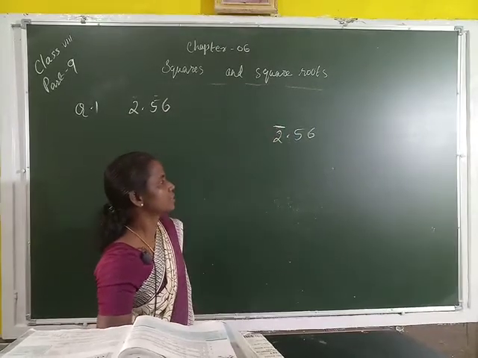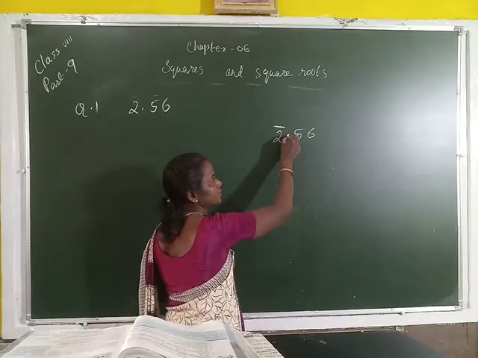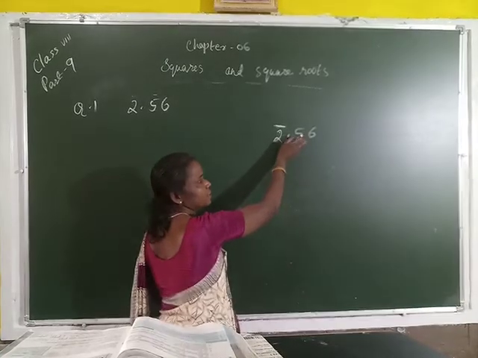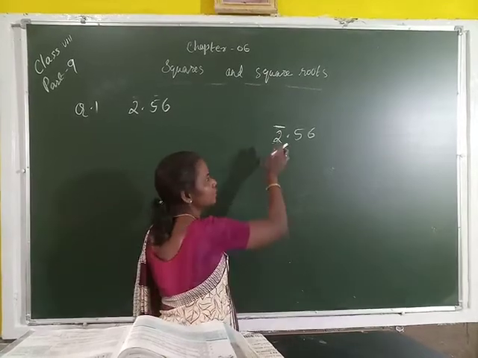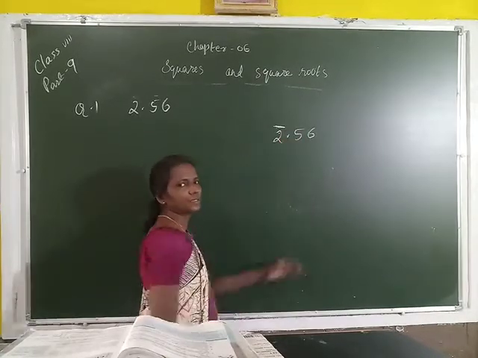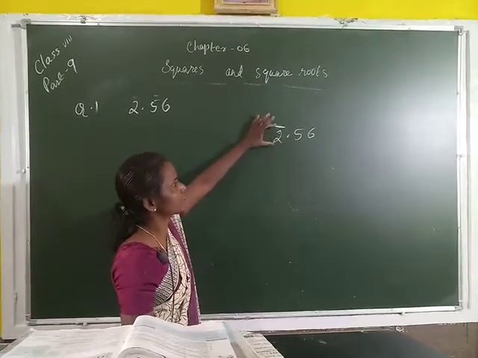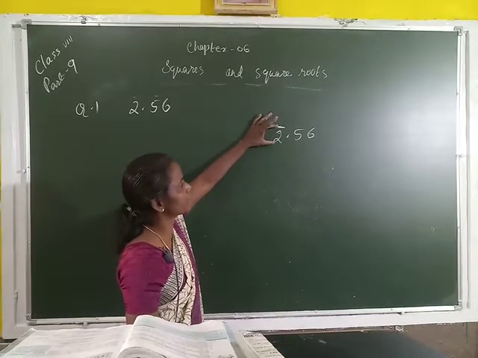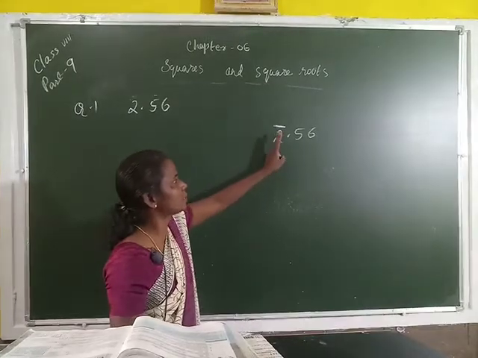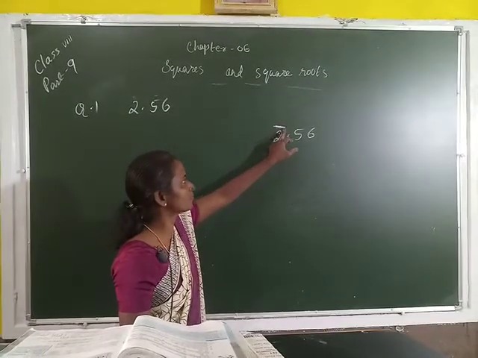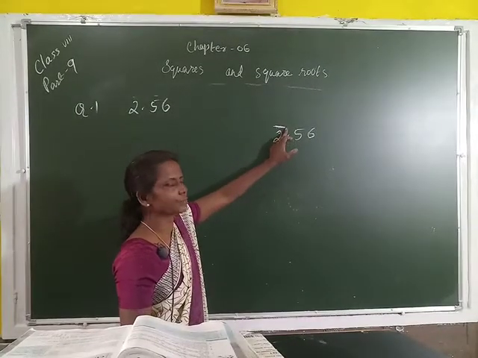Then the next bar starts from the first number of the decimal part. First we put a bar on the integral part. Here the integral part, or whole number part, has only one digit set, so we put a bar.